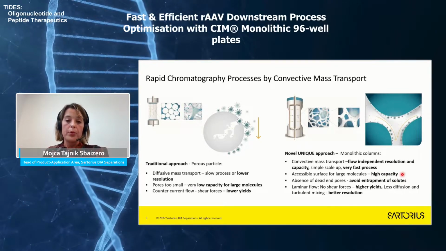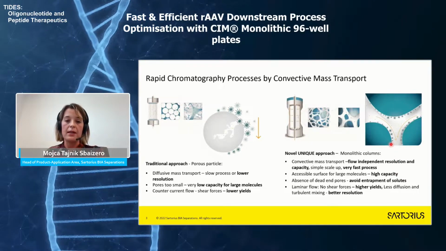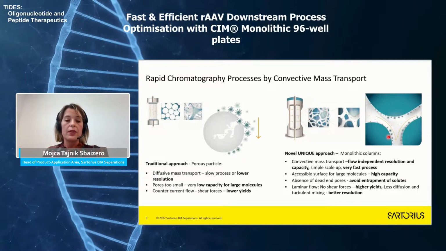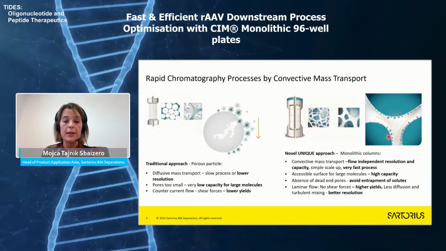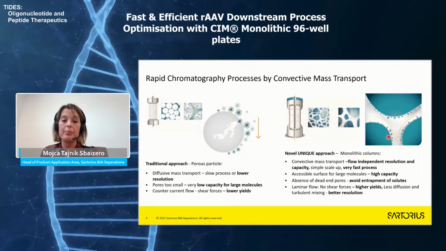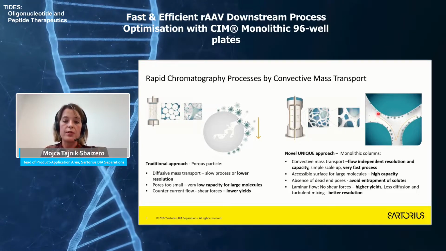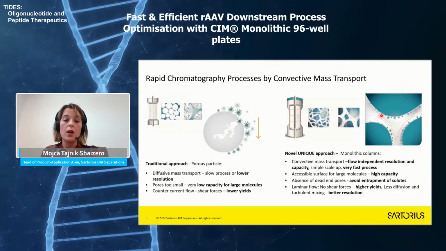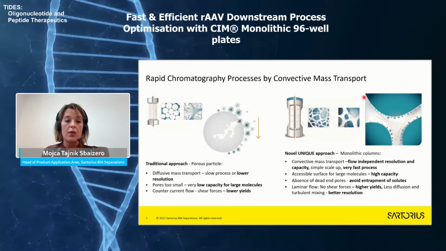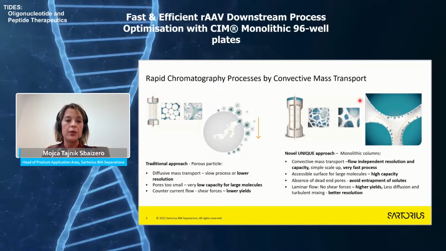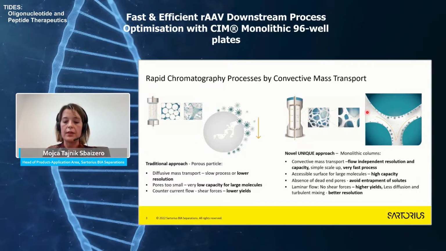Another very important thing is, of course, convective mass transport, which causes flow-independent resolution and capacity, simple scale up, and results in a very fast process. So these monolithic columns are really ideal for the purification of large molecules. They are constructed in this way.